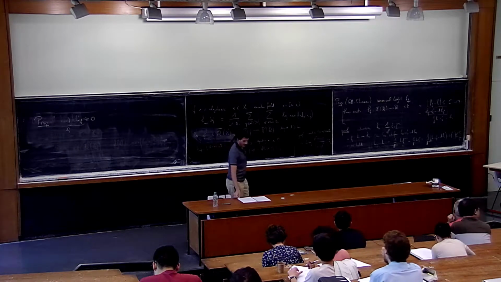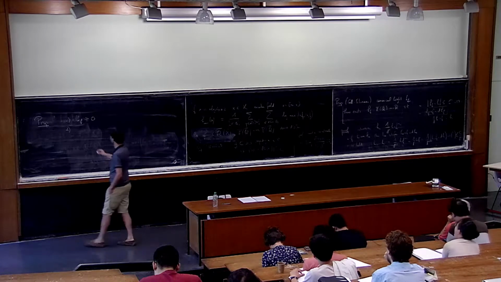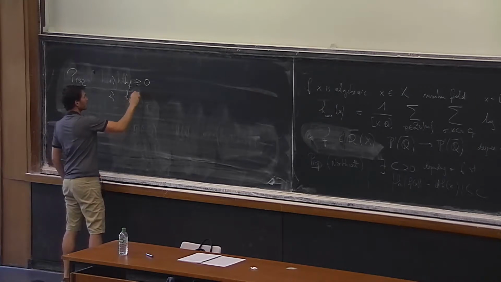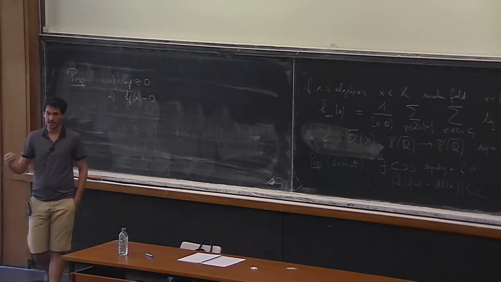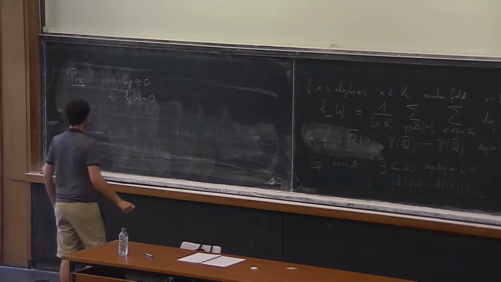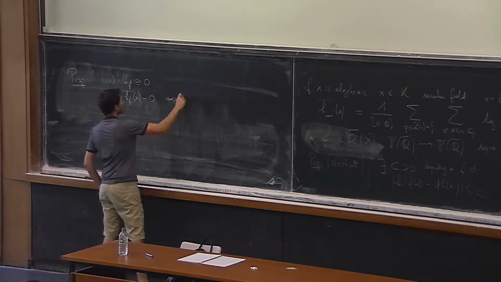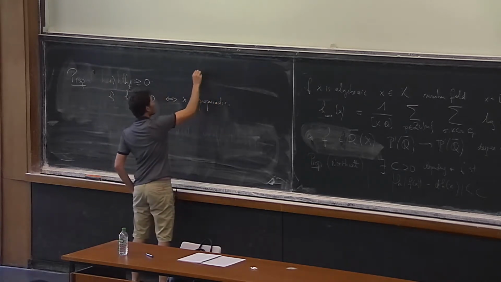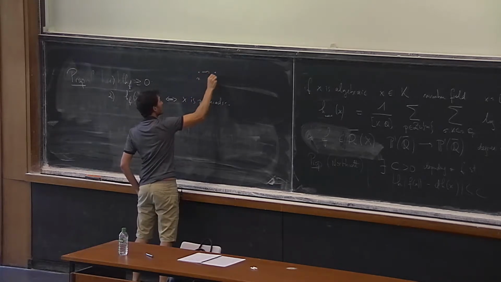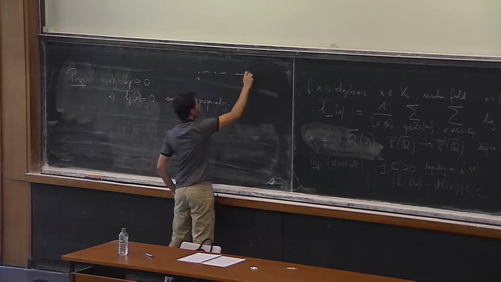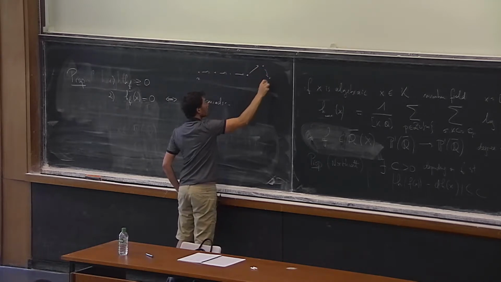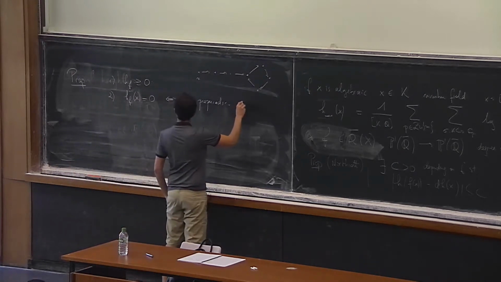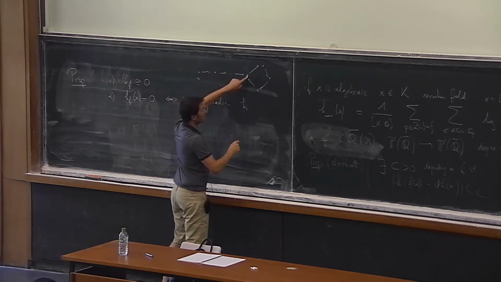So we can characterize the points of height 0. Points of height 0 are exactly the points which are pre-periodic under the dynamics. Pre-periodic means that you start with x, you iterate it a number of times, and at the end, you get a cycle. So maybe it's already periodic, but maybe not.